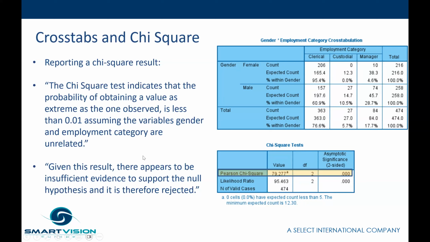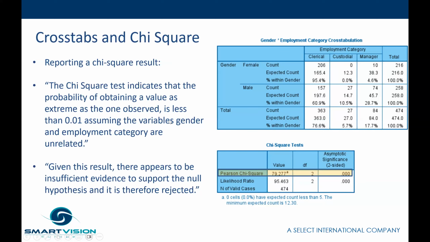They probably vary. But what we're saying is that as regards the notion that in the population that this sample is drawn from, men and women are in no way related to or affected by employment category, or vice versa, that employment category is in no way related to gender. There's no direction assumed here. It's just looking at two groups, two variables.